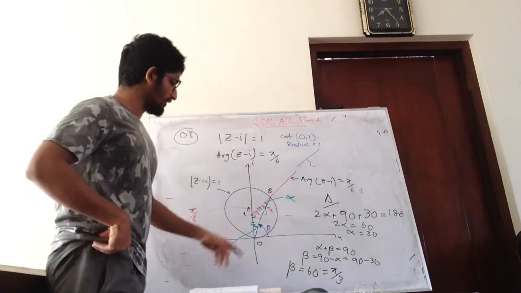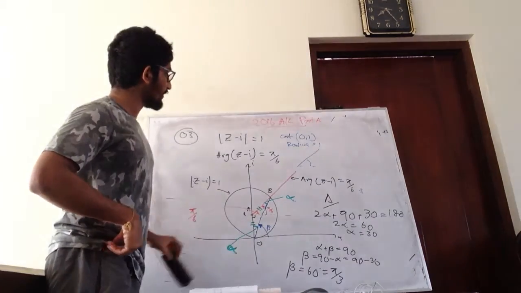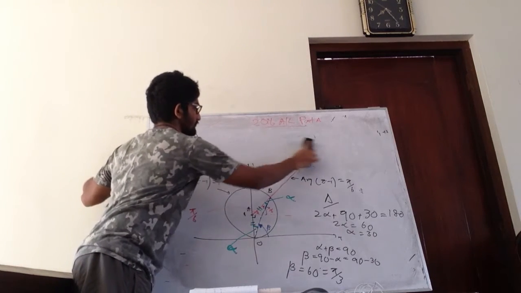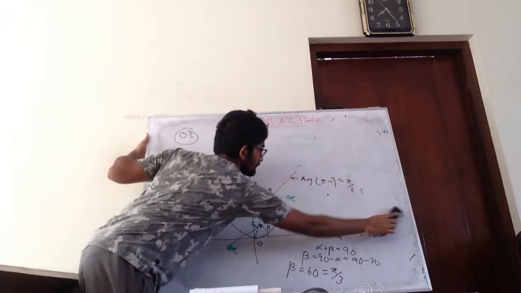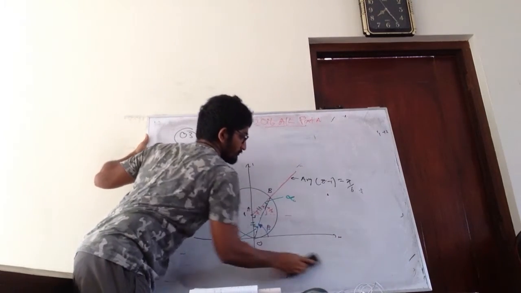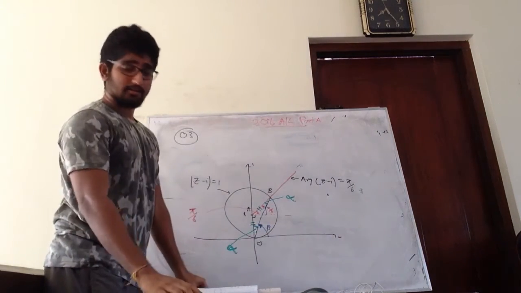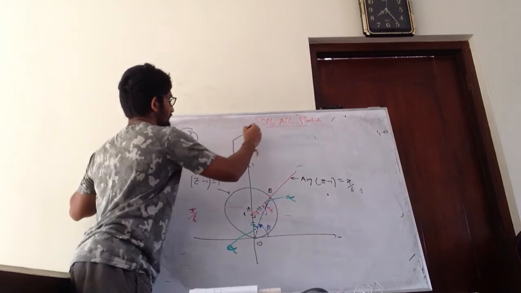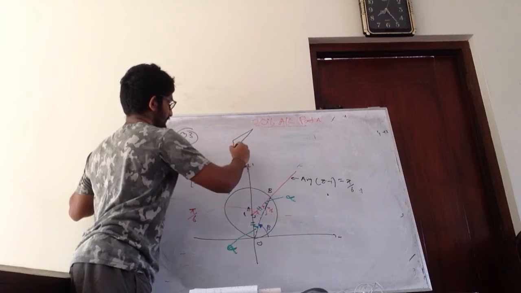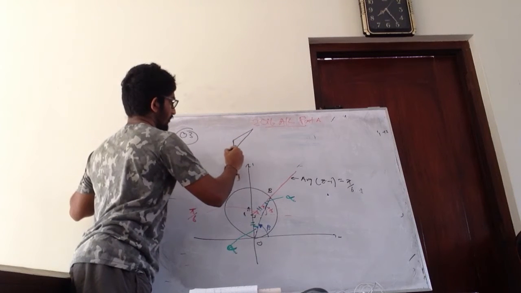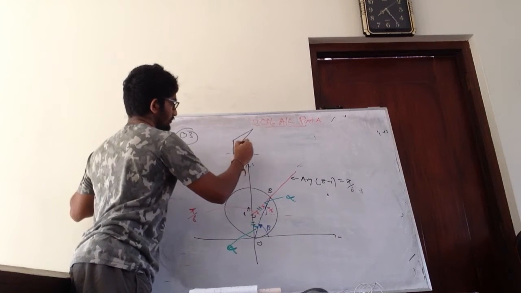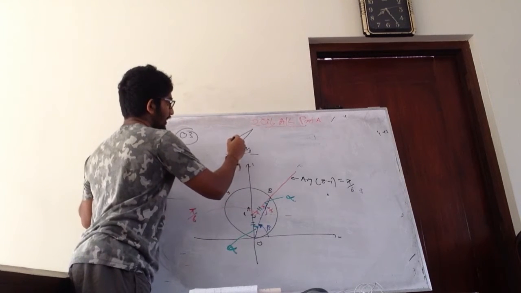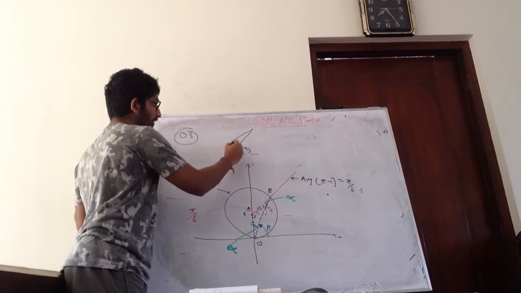I know beta now, so now I need to find OB. I'll just draw this here. I know that this is basically 5 over 3, and I know that this length is 1.